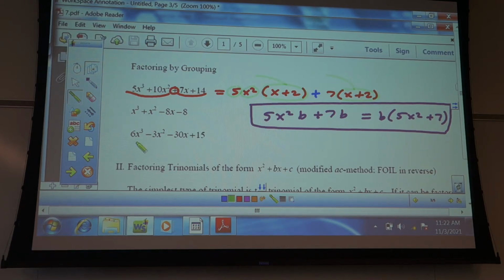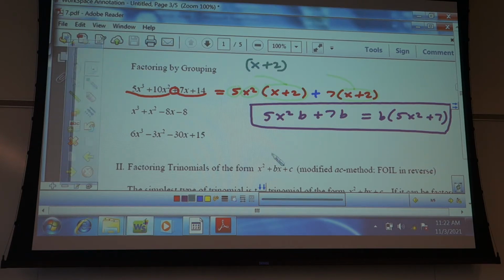So then I'm going to have x plus 2. I'm pulling it out of this. If I pull it out of the first part, what am I left with? 5x squared. Plus, if I pull it out of the second part, what am I left with? 7.